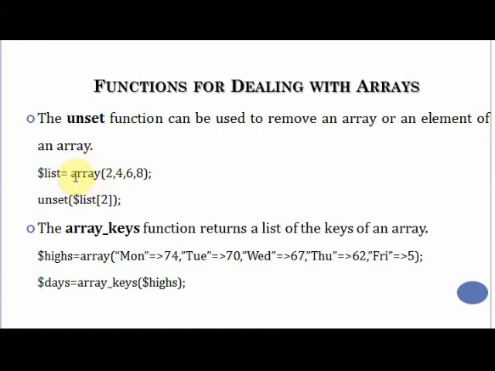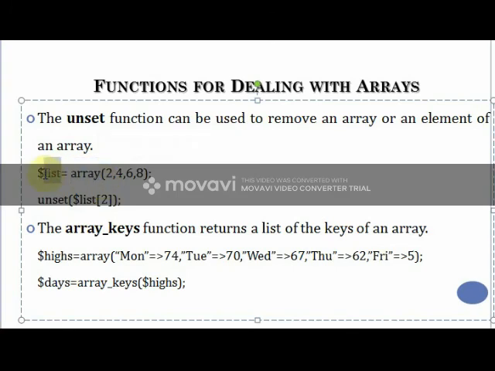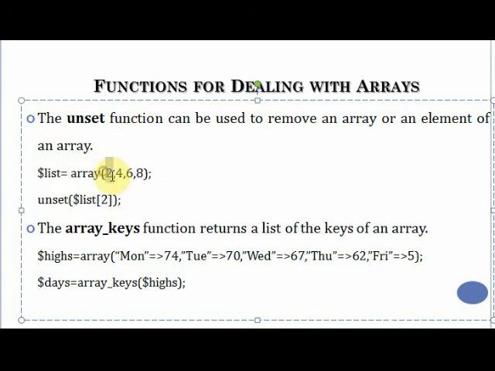Again an example is given here. You are creating an array by using the array construct, the name of your array is list, and the elements are 2, 4, 6, 8. By default, list of 0 will have 2, list of 1 will have 4, list of 2 will have 6, list of 3 will have 8.